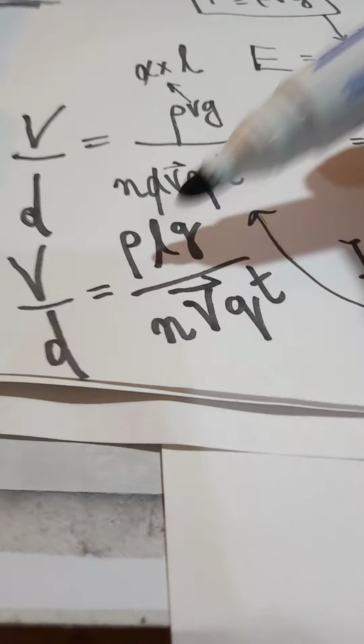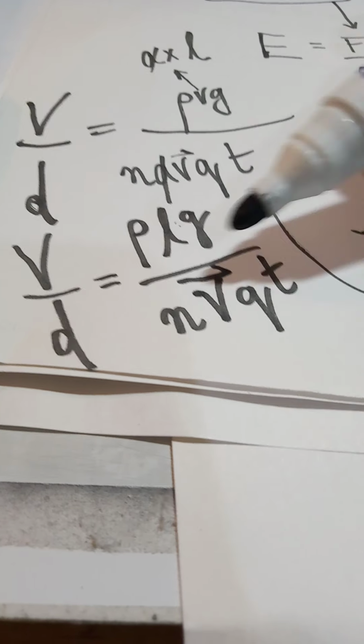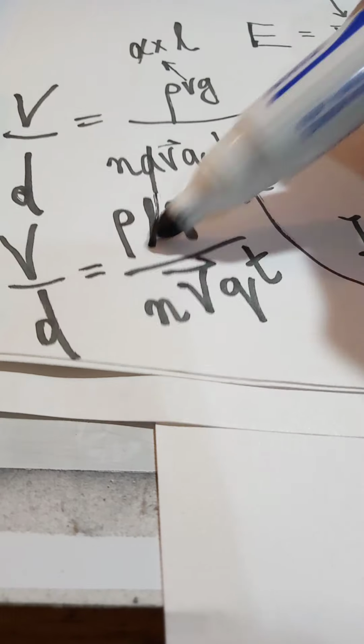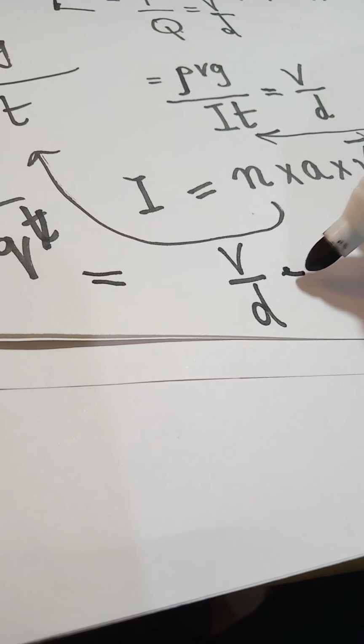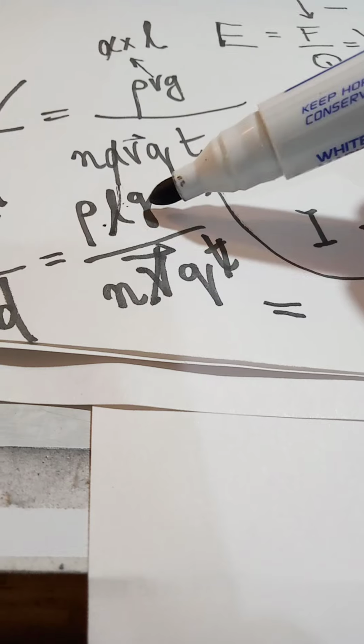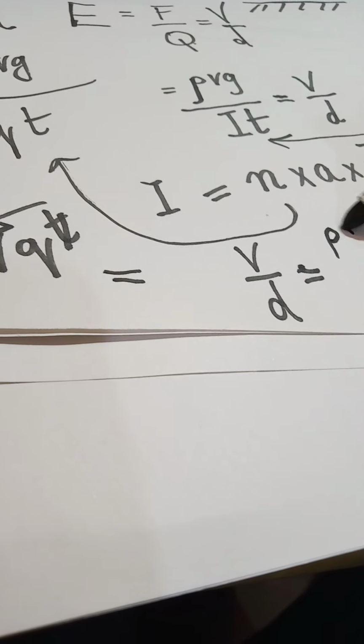We know that L over T is velocity, so this velocity will get cancelled out by this velocity. We are now left with V over D equals, from here, rho times g over n times q. Rho g over nq.